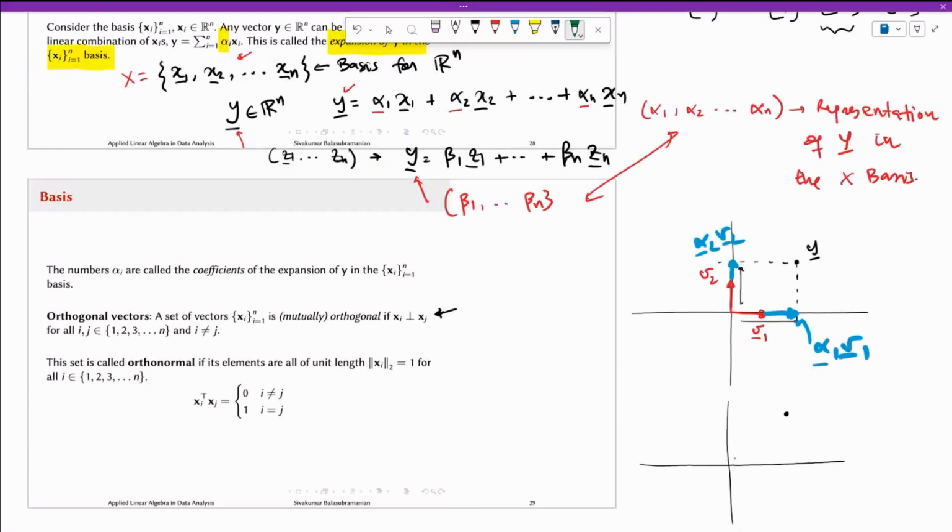I'm going to call this W1. They are not collinear, so they're linearly independent. So W1 and W2 is the basis. Now, the way I would produce y is, let me draw a line like this.